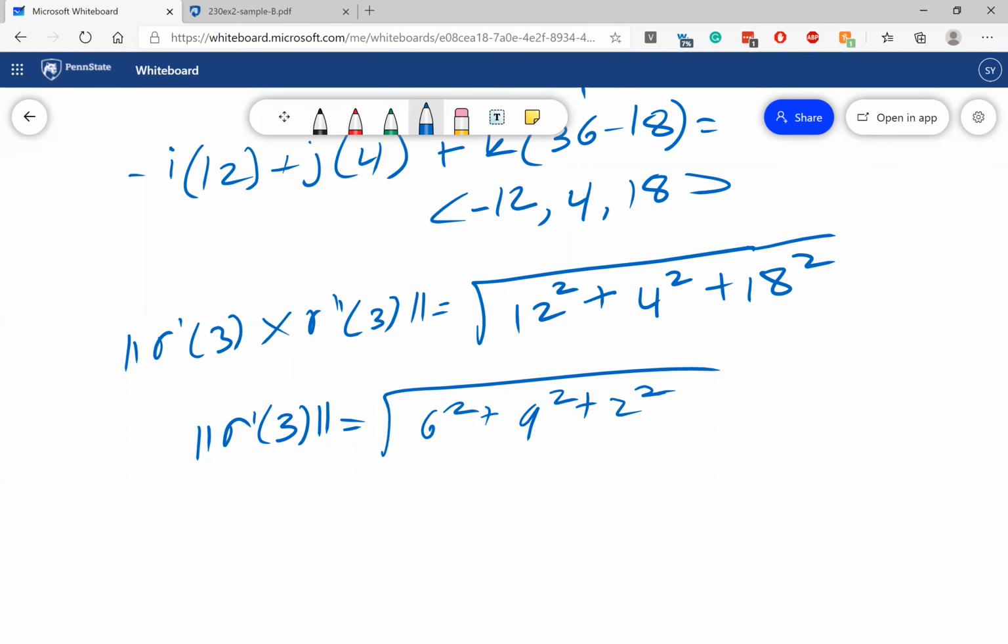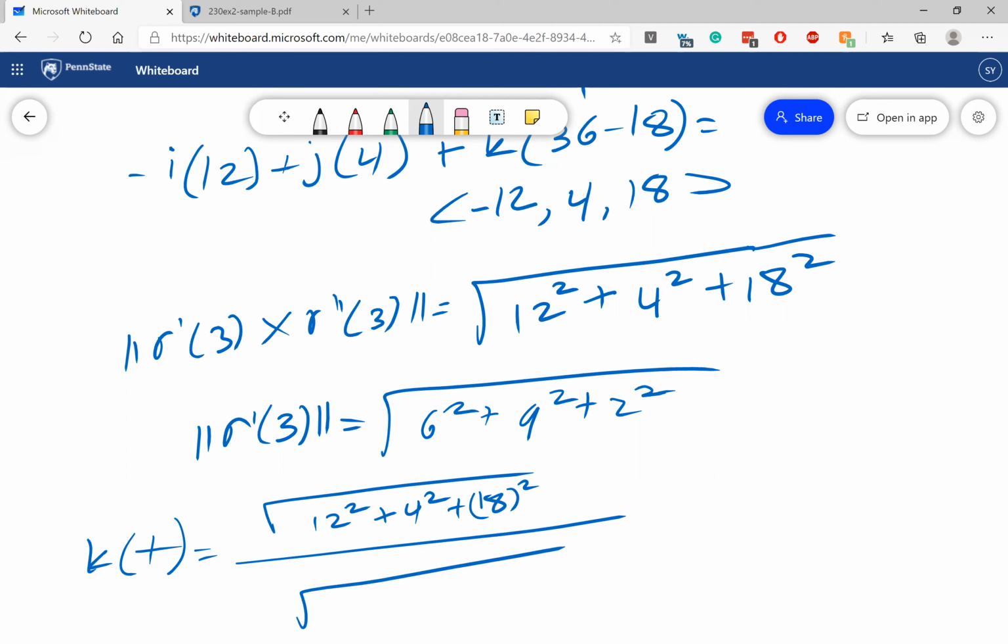Okay, so then you take this and you divide it by this, and that would give you t is going to be equal to, oh, you need to cube it also, square root of 12 squared plus 4 squared plus 18 squared over square root of 6 squared plus 9 squared plus 4 cubed. Okay, any questions?